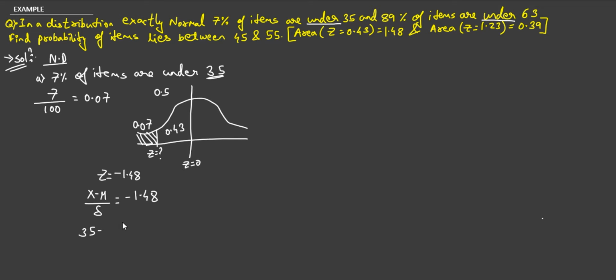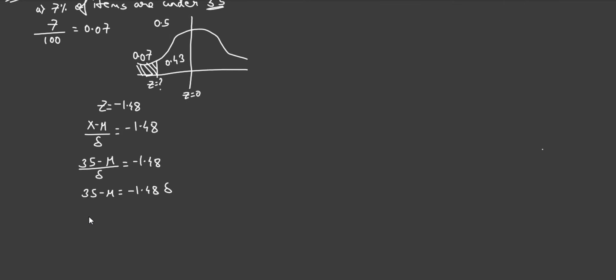So x minus mu upon sigma equals minus 1.48. Then this sigma will come to the right hand side and multiply with minus 1.48, so 35 is equal to mu minus 1.48 sigma, as mu goes to the right hand side. So guys, this is our first equation.